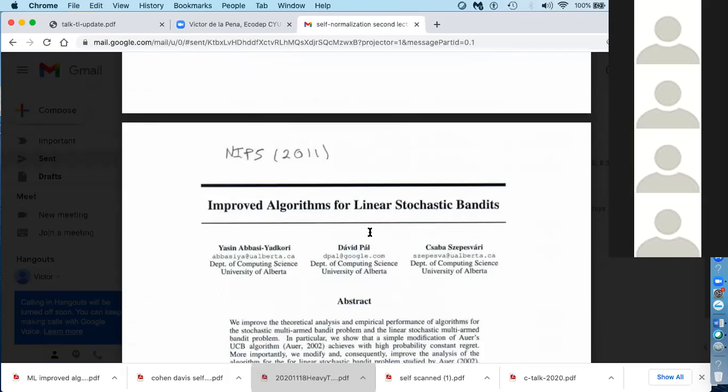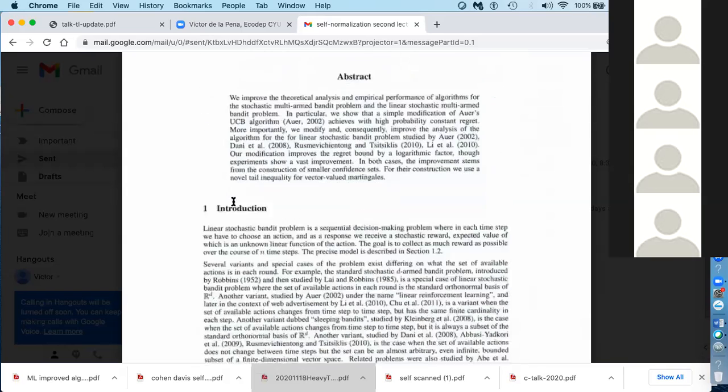Now, as I said, this is the first paper that uses self-normalization to provide algorithms. This was obtained in 2011, and it was published in the main conference on machine learning, which is basically the main venue to publish results in machine learning. The tradition in machine learning is to publish results in conferences, and that's the main venue for publication of their breakthroughs.